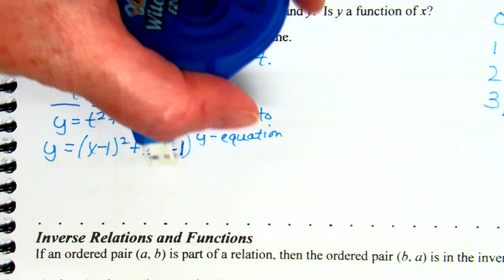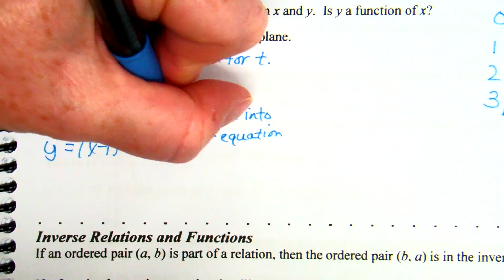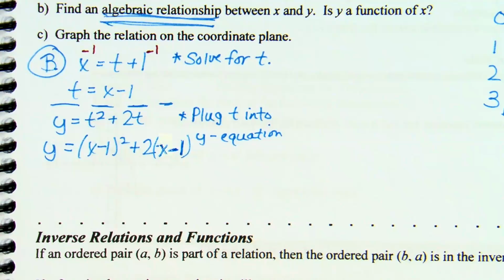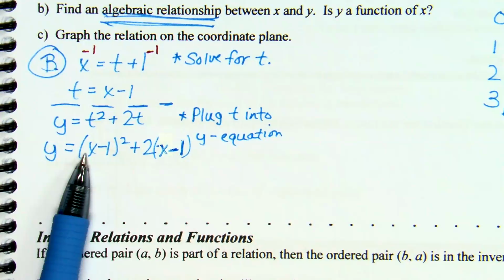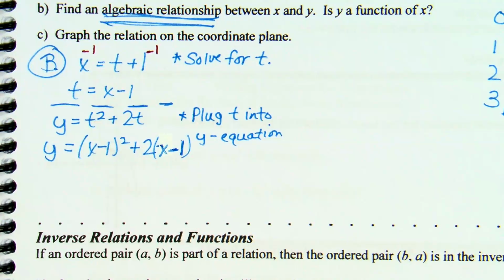I agree. My hand and pen don't agree for some reason, but my brain agrees with you. Okay, am I okay now? So it's x minus 1 squared, plus 2 times x minus 1. Clean this up, and you have an algebraic relation that I can deal with.